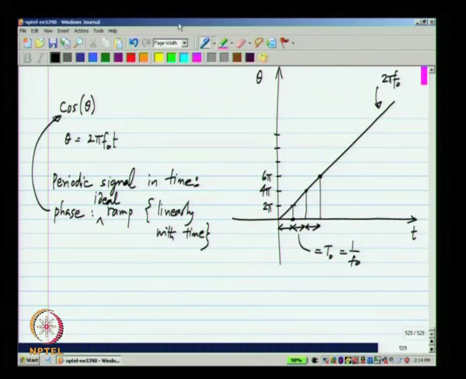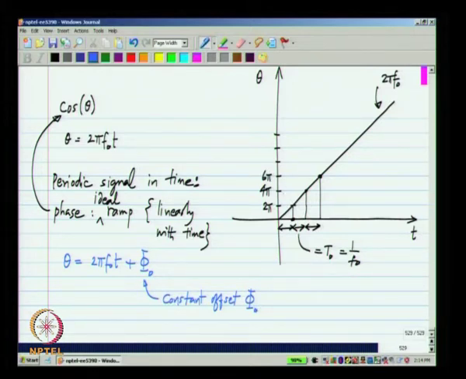Now, we can see what happens if we deviate from this. First of all, let me take a simple modification. I will add a constant offset phi naught. Okay. So, what happens in that case?